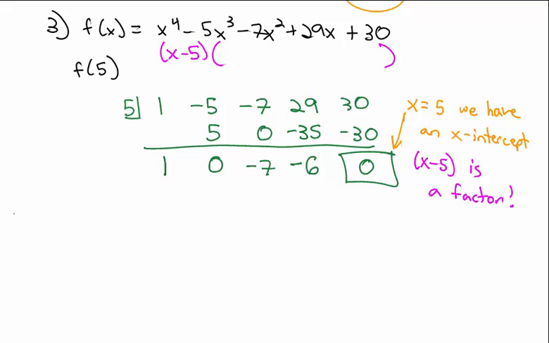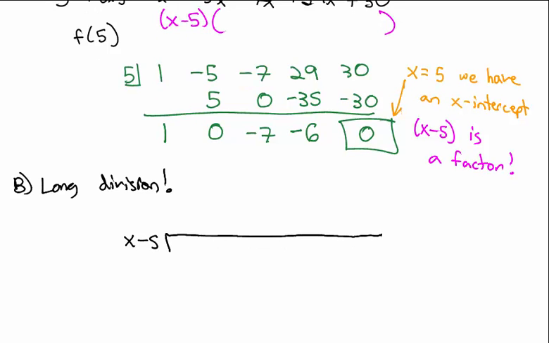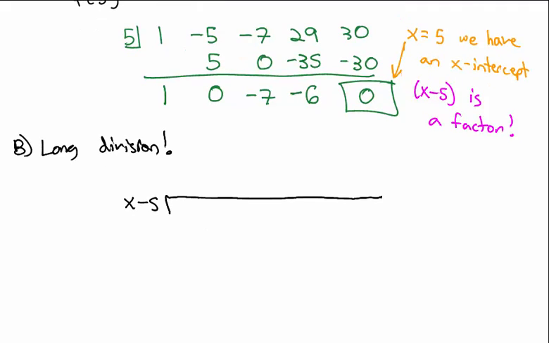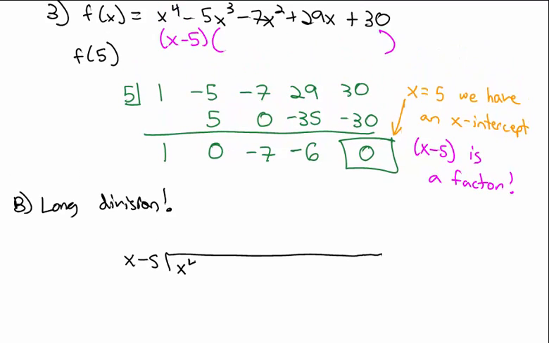The way we get something out of there is we use long division. And you remember doing long division. We take x minus 5 and we divide it into the entire polynomial, which was x to the 4th minus 5x cubed minus 7x squared plus 29x plus 30.